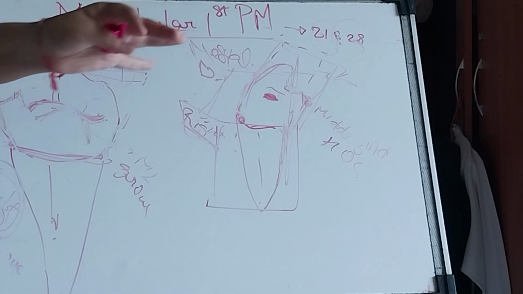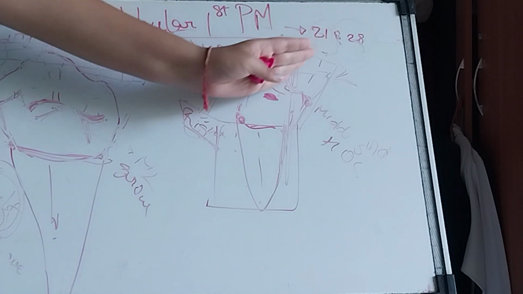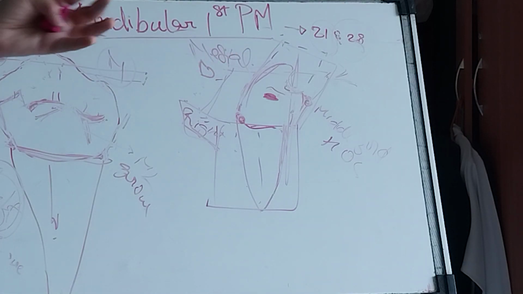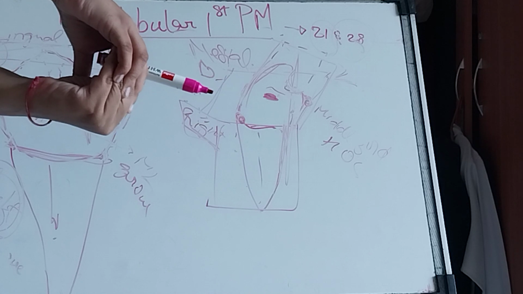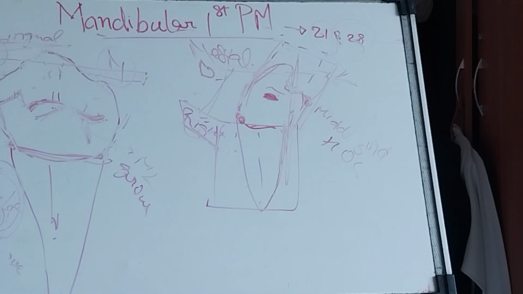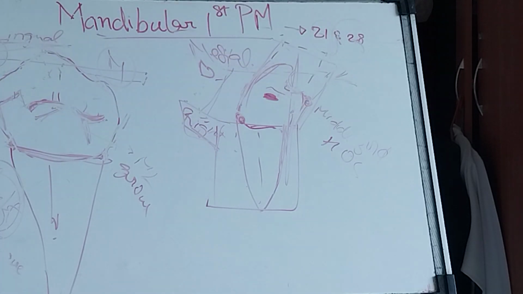The mandibular premolar is lingually inclined like this, so that it can fit with the maxillary premolar. Okay, so the mesial marginal ridge slopes predominantly in the lingual direction, like this.